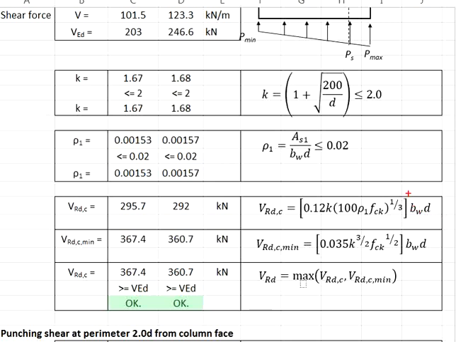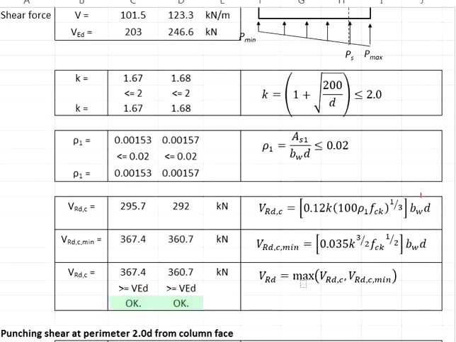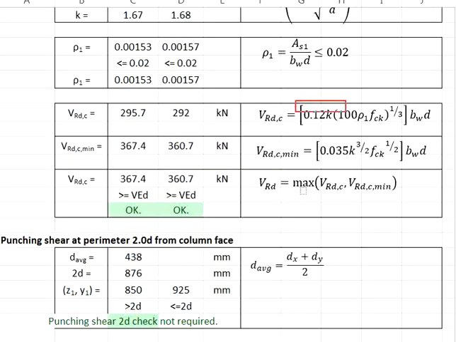Since you are dealing with the square footing, the width for both major and minor axis will be the same, which is 2 meters. And then the effective depth, as calculated earlier on, 444 and 432. Substitute the values, you get these two: VRd,c in the major axis and VRd,c in the minor axis.